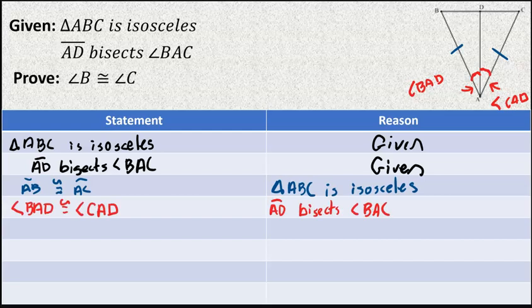You'll notice as we reach the end of this video series, I am speaking to the more formal methods of proving. I am speaking to the formal language that you will see as you advance in proving. Once again, I just am using the language from the given, but you could have stated that this is a definition or a property of a segment bisector.